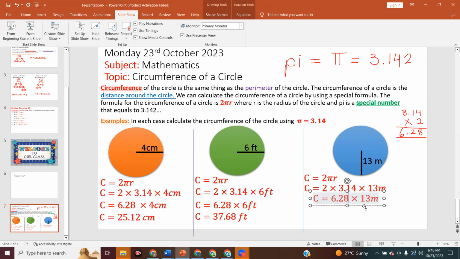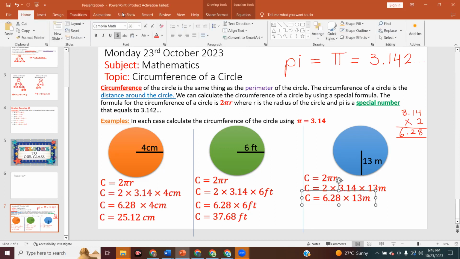6.28 multiplied by what? 13. So we're going to multiply 6.28 times 13.